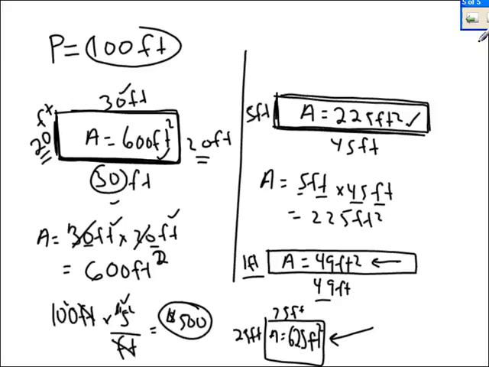You have to pay $500 for the 100 feet of fencing. Okay, so the bottom line is you pay the same amount, whether you get 49 square feet or 225 square feet or a whopping 625 square feet.